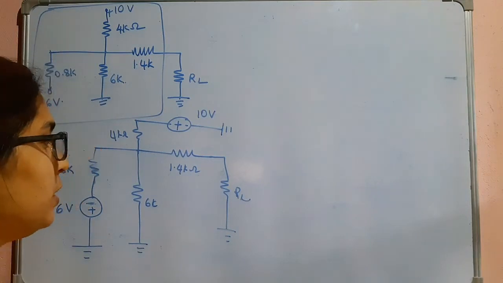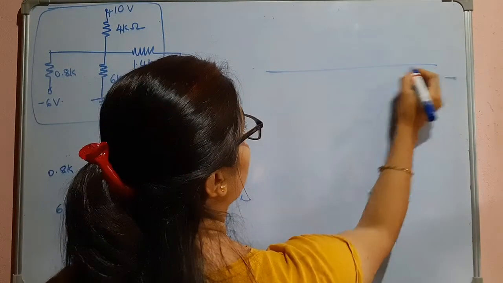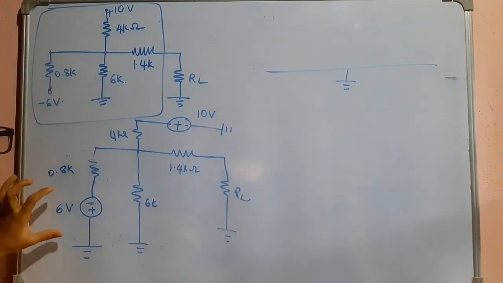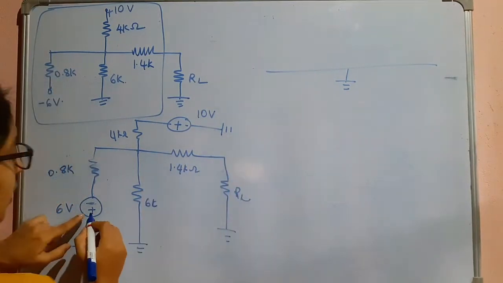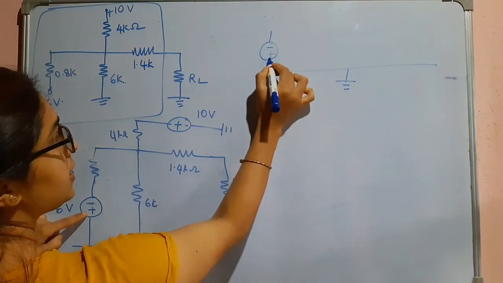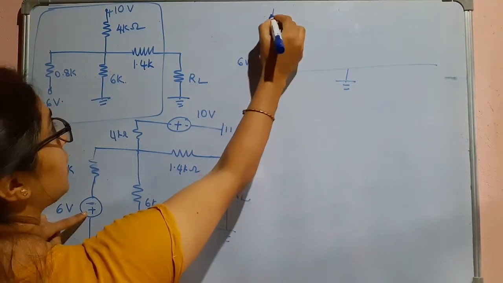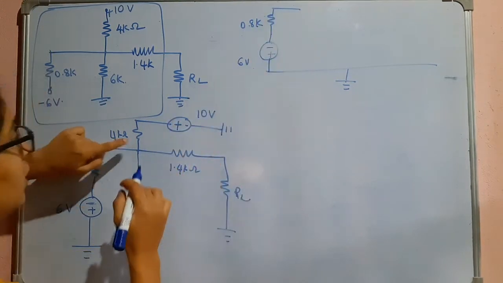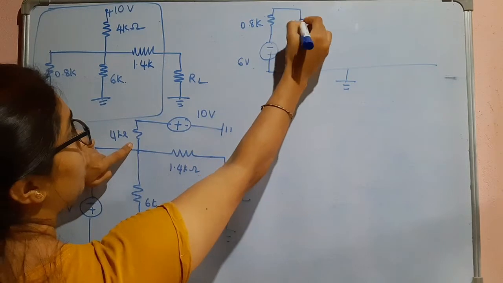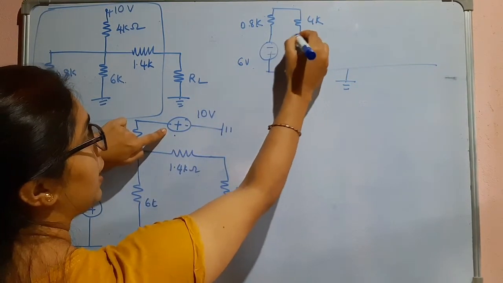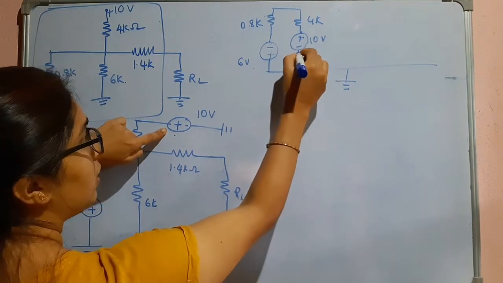Now what we will do is consider a common ground here, and then we will redraw this circuit. Ground here means it is connected to the positive terminal. So I will write as it is. This is 6 volts, this is 0.8K. Then we have this resistor, 4K, and then plus, minus, this is 10 volts.